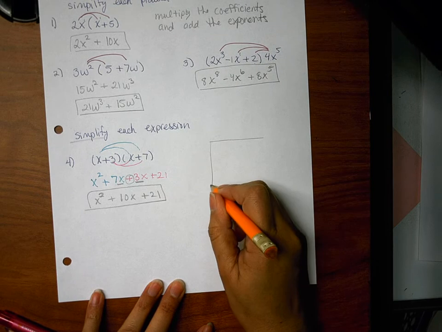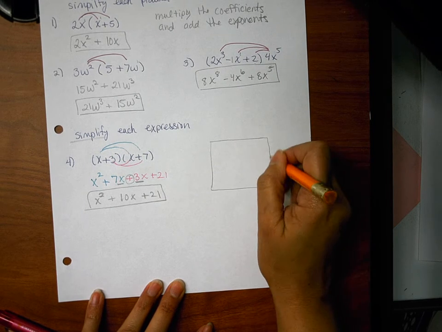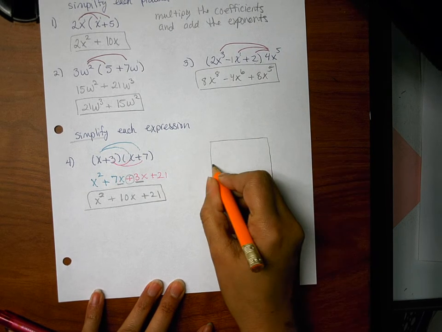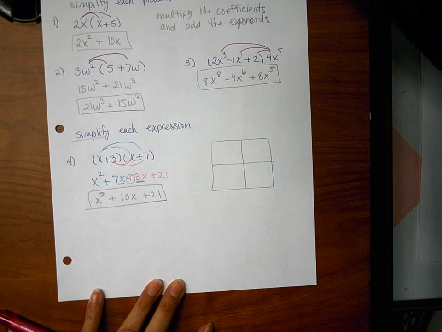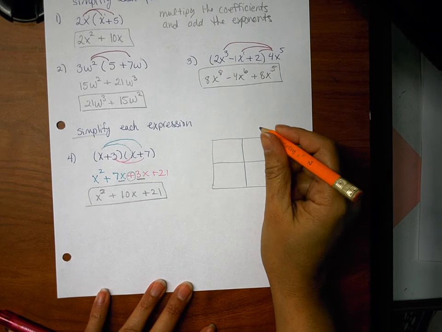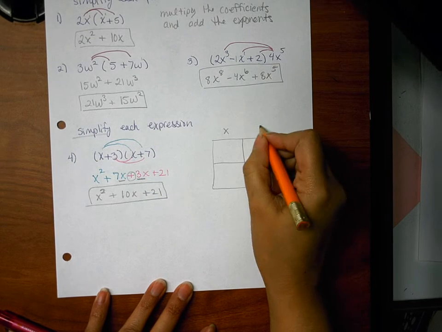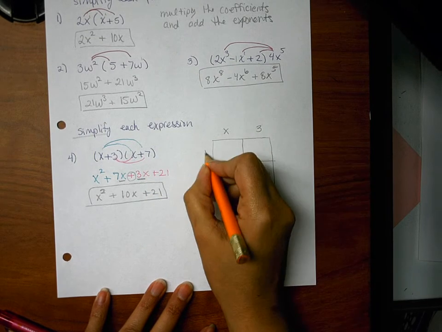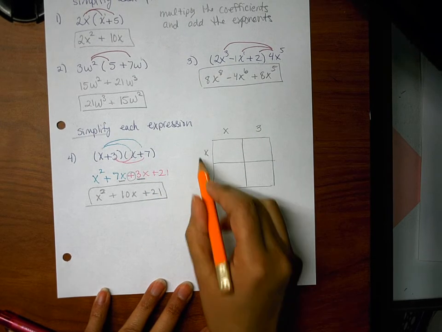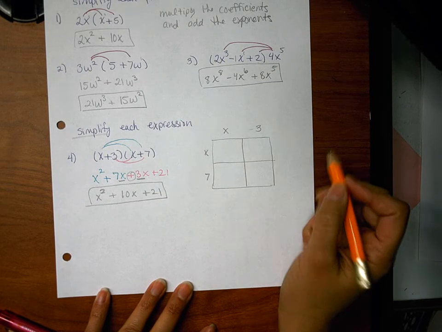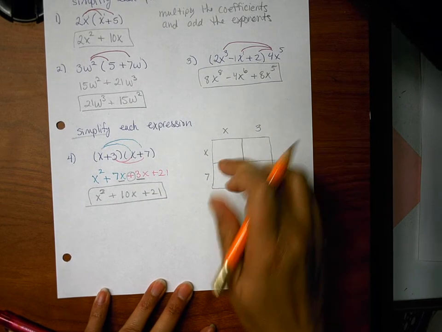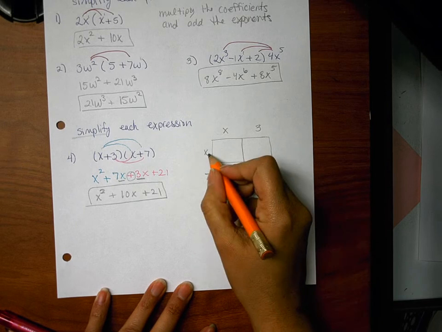Okay, quickly, another method some of you may have seen before or may like if you haven't seen it before, I call it the window method, box method. Okay, you put x, 3 because it's x and positive 3, x, 7 because it's x and positive 7. If that had been x minus 3, I would just make that a negative 3.